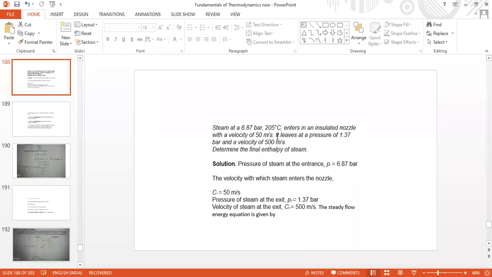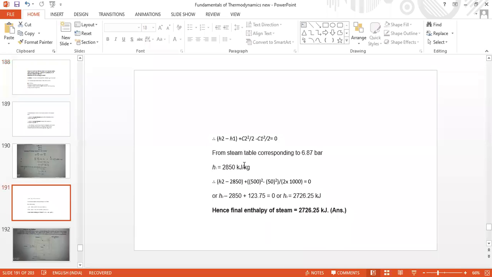At the expense of loss of some sort of energy, some other sort of energy will develop. In that way, energy is conserved. So here, the purpose of a nozzle is to increase the kinetic energy or the velocity of the flowing fluid. Here steam is the flowing fluid. So here C1, C2 are assumed to be velocities.